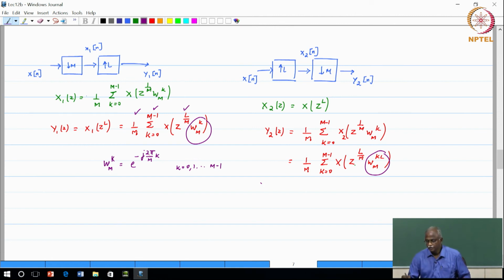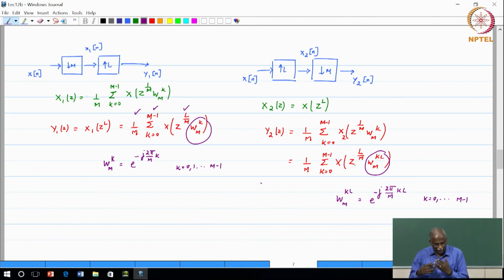Now, when I look at the other expression, W_M^(kL) is e power minus j 2 pi over M times k times L, still k goes from 0, 1 to M minus 1, except that it is always being multiplied by the factor L.